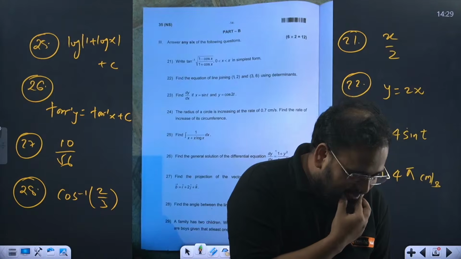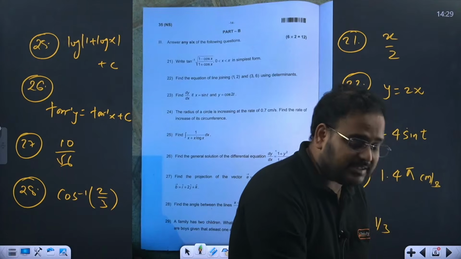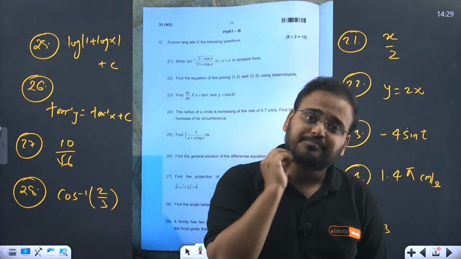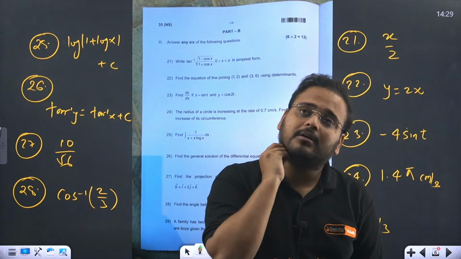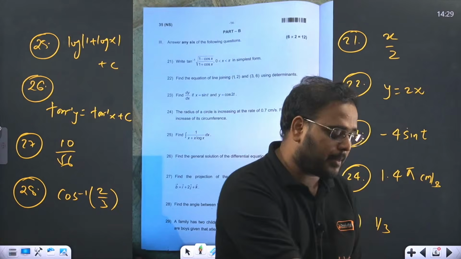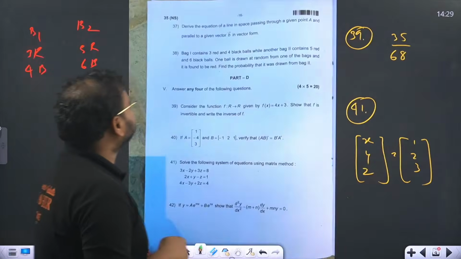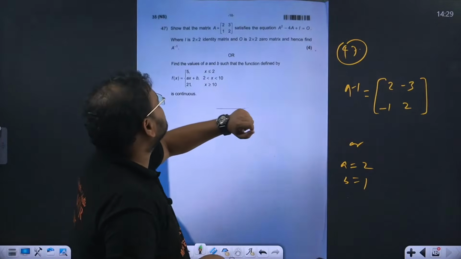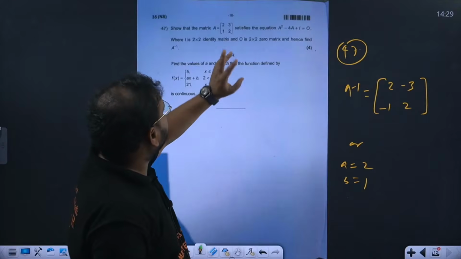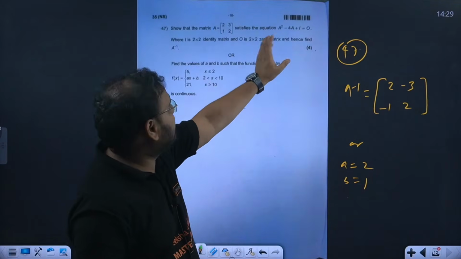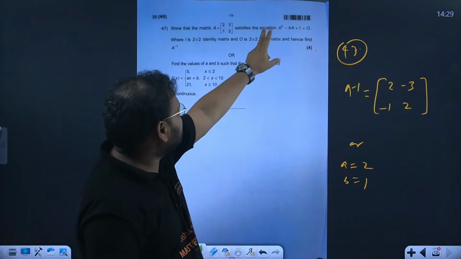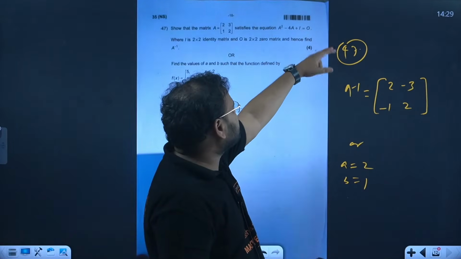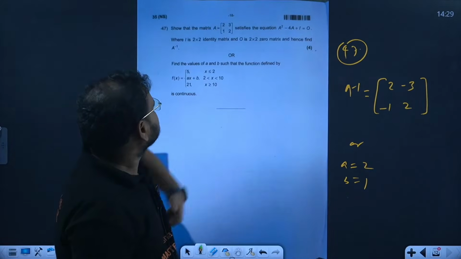Please say the marks distribution on the 47th one. The 47th one, you're talking about the LPP question? No, the 4 marker. It's a 4 marker, so there will be 1 mark for writing the inverse, 1 mark for finding the A square value and getting this LHS proven, 1 mark for proving the equation, and 1 mark for the inverse.